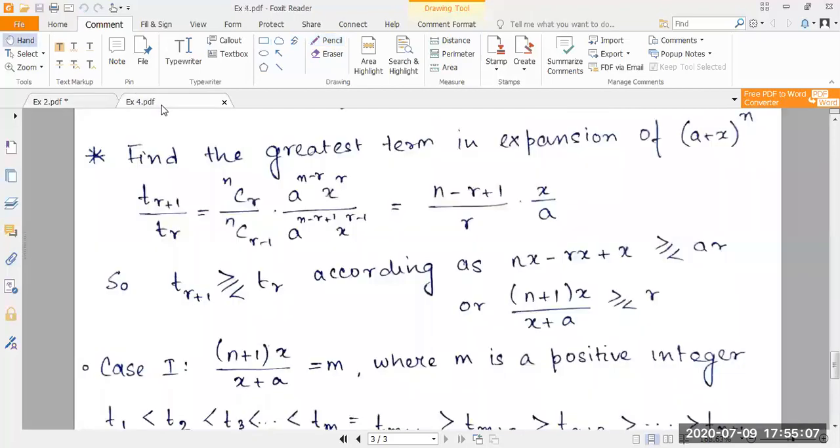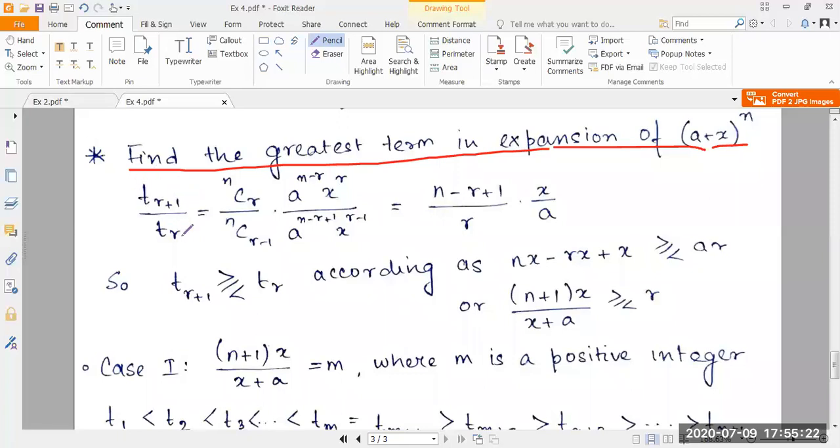The next part, we'll concentrate on the binomial theorem. So here we find the greatest term in the expansion of (a plus x) whole to the power n. So as you know, T(r plus 1) is the (r plus 1)th term and T(r) is the rth term. So we put the values that we knew from beforehand, and this nCr minus 1 is just what we discussed before, (n minus r plus 1) by r.